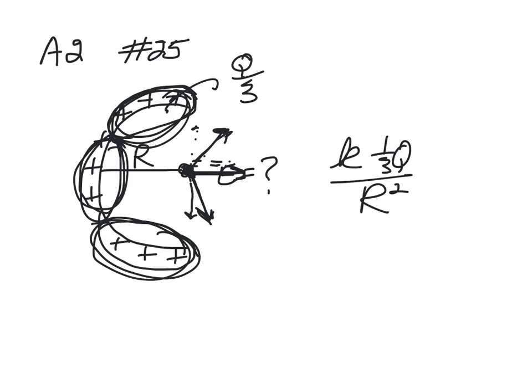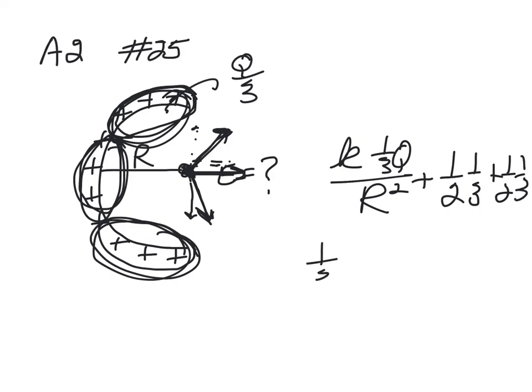And the x component, this ends up being 60 degrees, and the x component is 1/2. So we have 1/3 here, we have 1/2 of 1/3, plus for the other one, another 1/2 of 1/3. I hope you're following this.